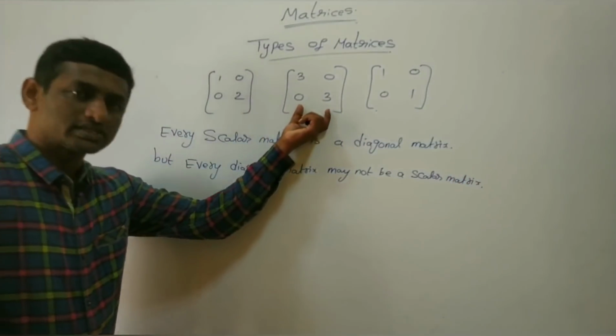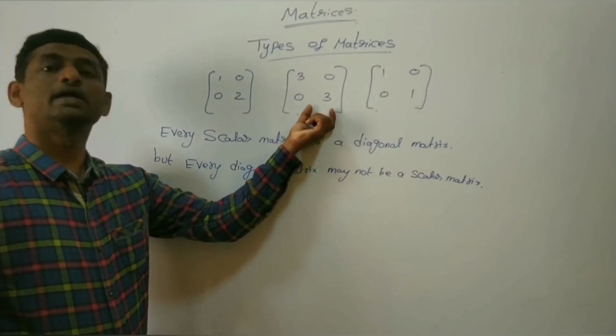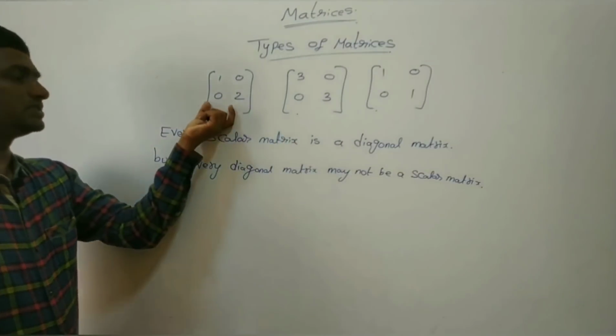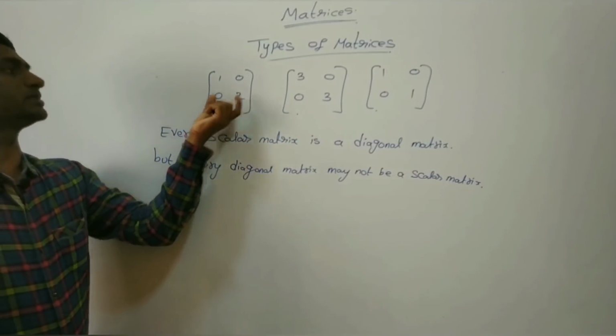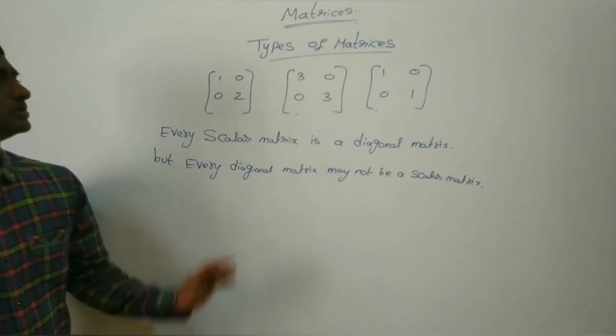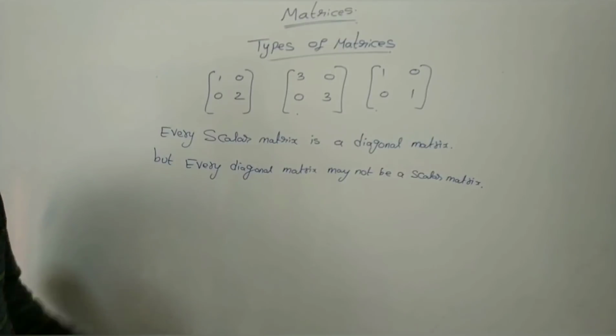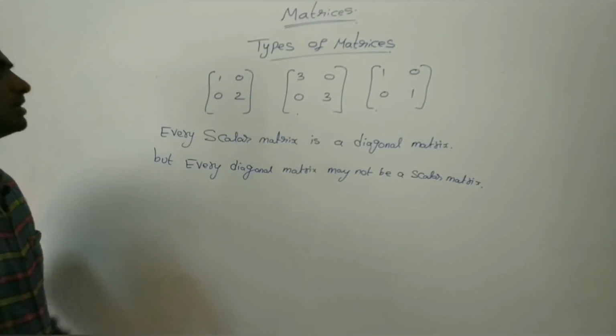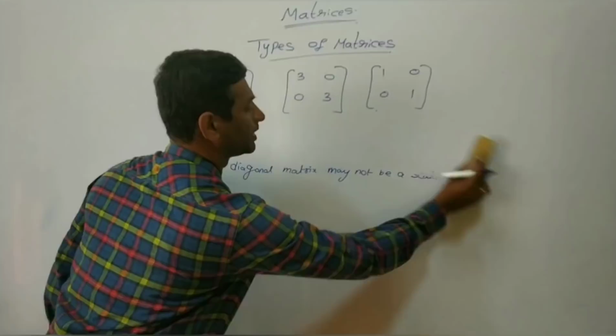This is a scalar matrix which is also a diagonal matrix. This diagonal matrix is not a scalar matrix because 1 and 2 are different.